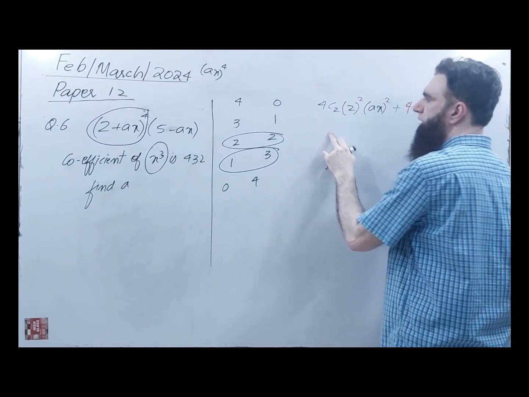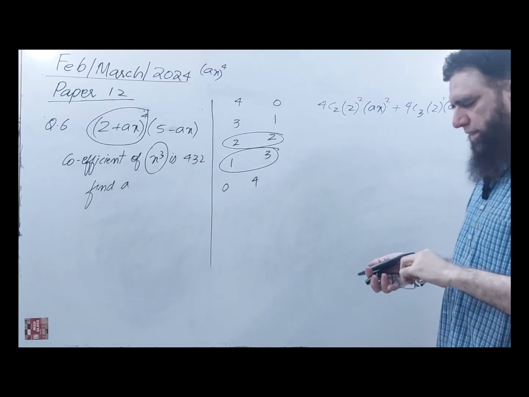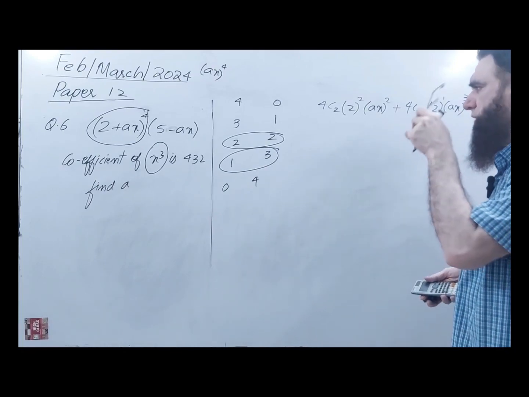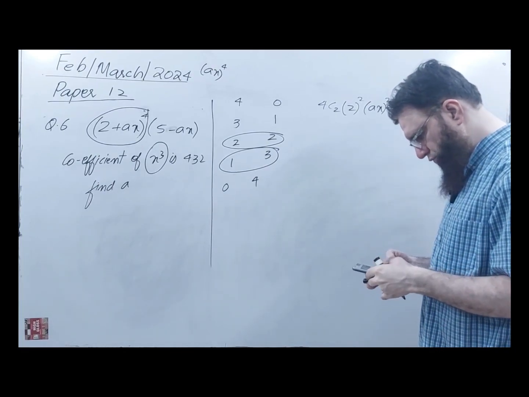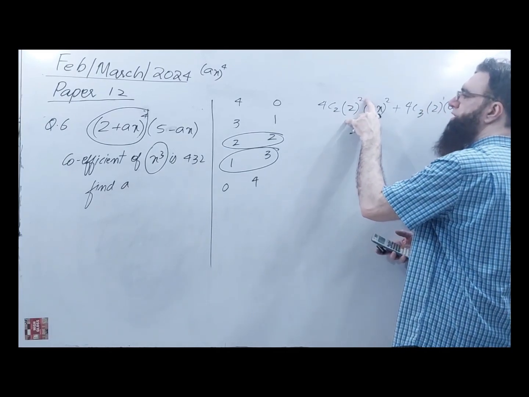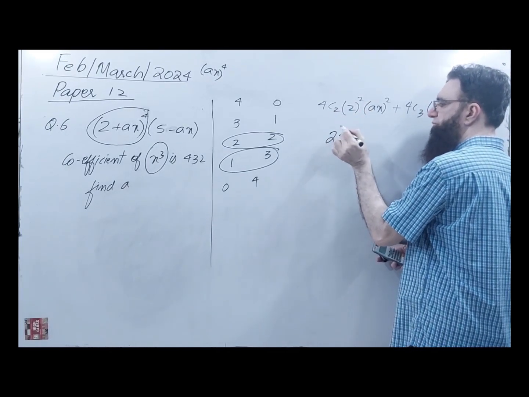We simplify this. 4c2, you can use a calculator. Well, I know 4c2 is 6, but check it. 4c2 is 6. So 6 times 2 square is 4, 6 fours are 24.